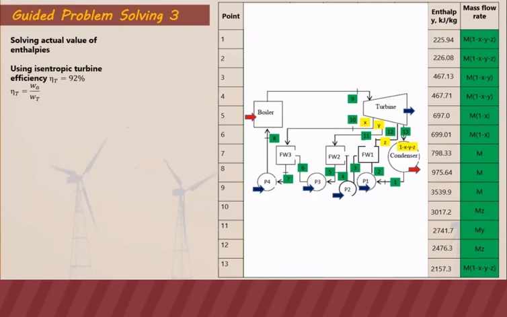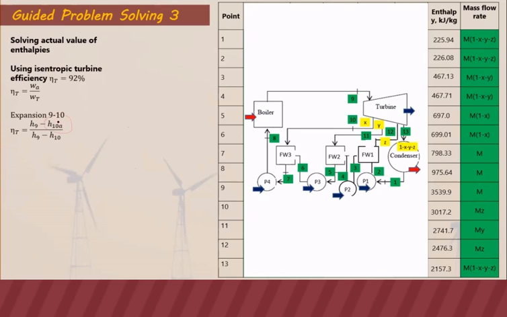Our isentropic efficiency for the turbine is defined as actual work divided by the isentropic work of the turbine, or WS. So for expansion 9 to 10, this will become H9 minus H10 actual divided by H9 minus H10.